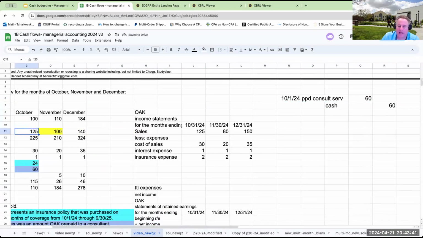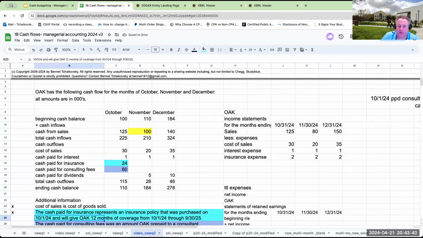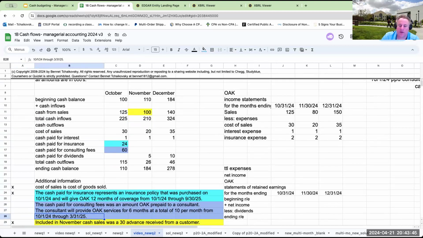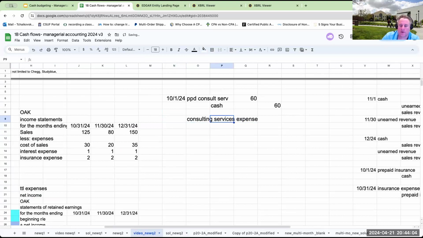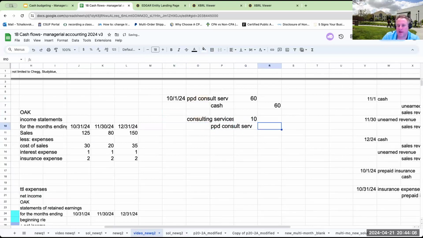However, as they are going through and performing those services, I need to recognize them at 10 per month. So what I'm going to do over here is recognize the consulting services expense. I'm going to debit this for 10, and I'm going to credit my prepaid consulting services for 10.